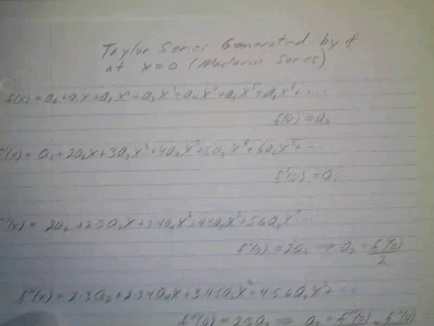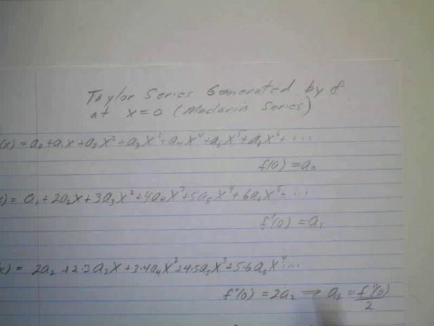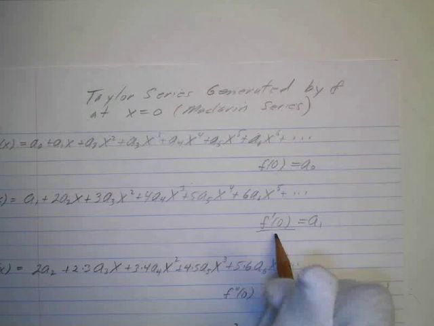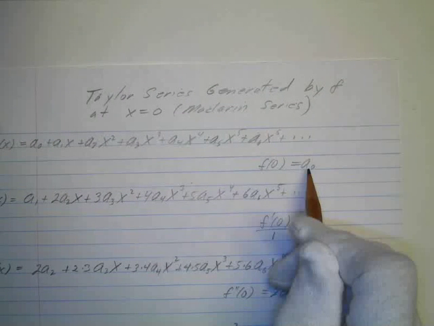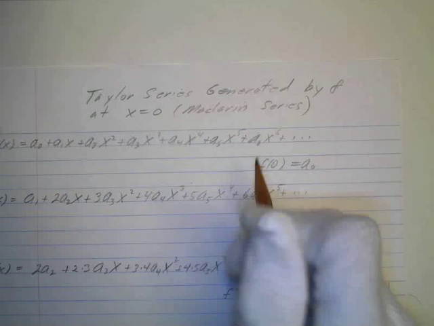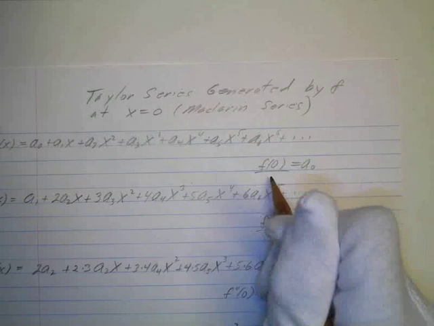Now we can go back, and we had a sub 1 equals f prime of 0 over 1. And we could say that a sub 0 equals f of 0 over 1 also.